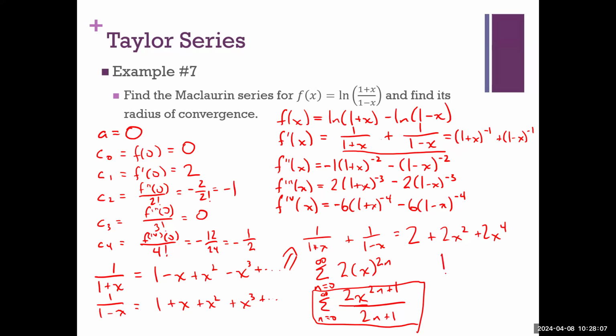They converge where the absolute value of the common ratio is less than 1. So for us, that'll be absolute value of x less than 1. We combined 2 different geometric series, both of them have the same radius. Which one?